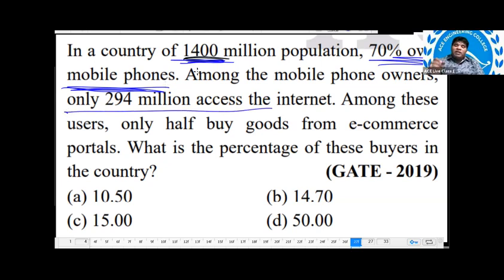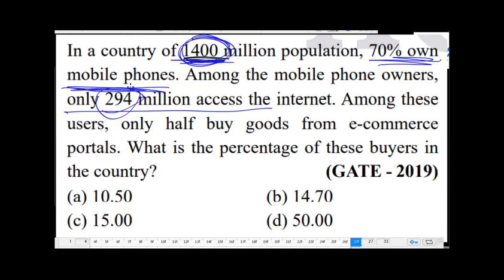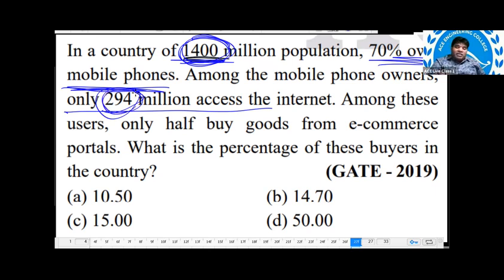So in the 1400, how many people have internet? 294. This is directly a number, so in the 1400, this 294 is using internet access.